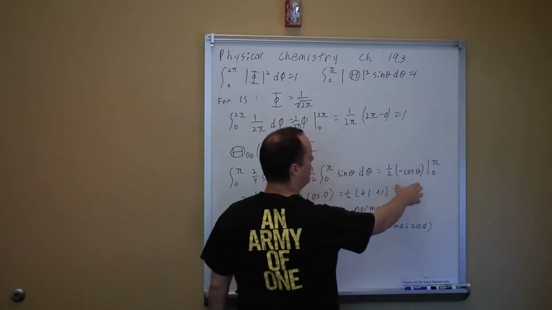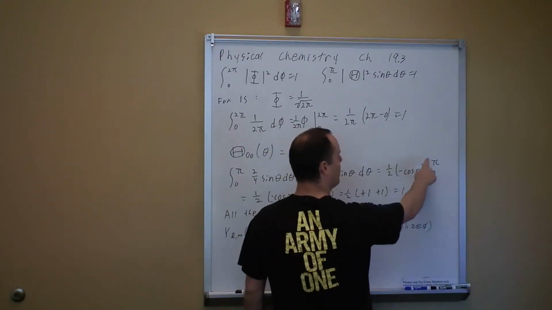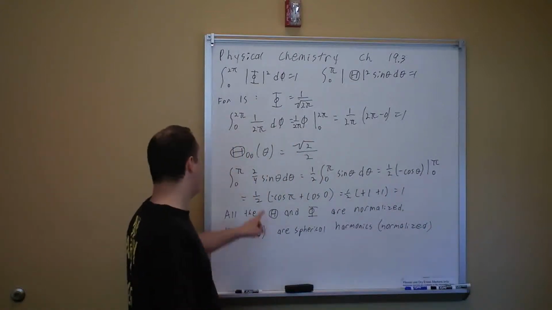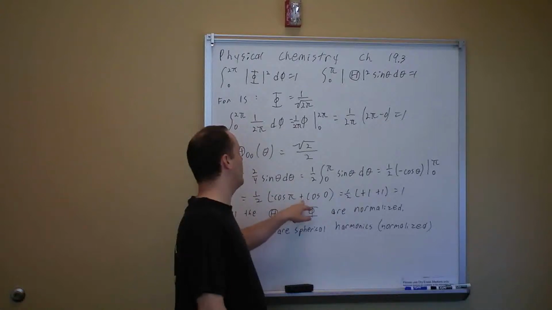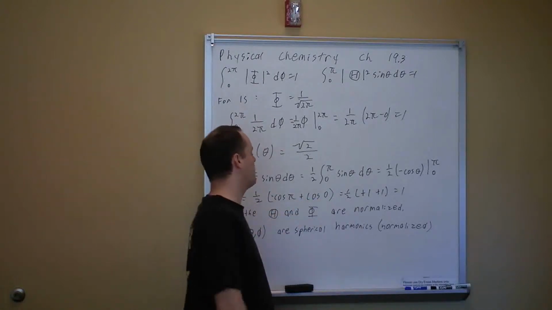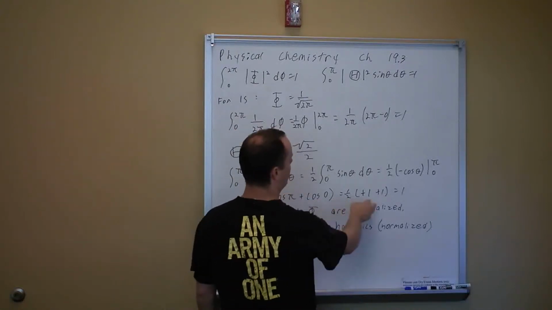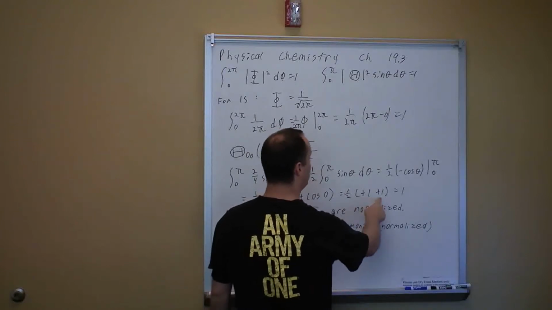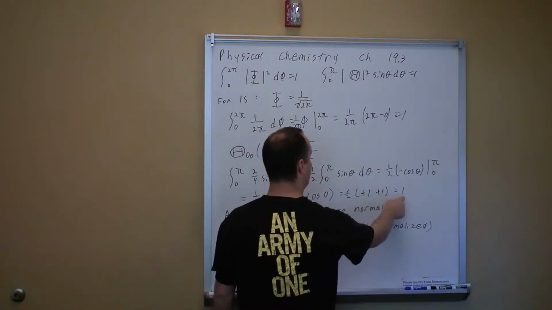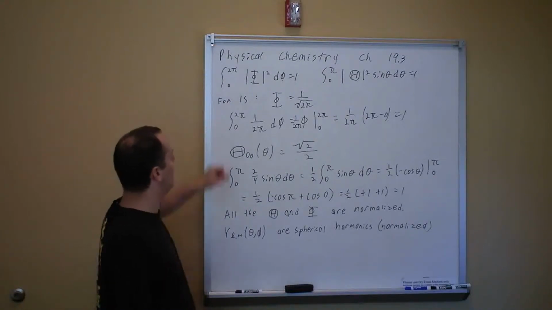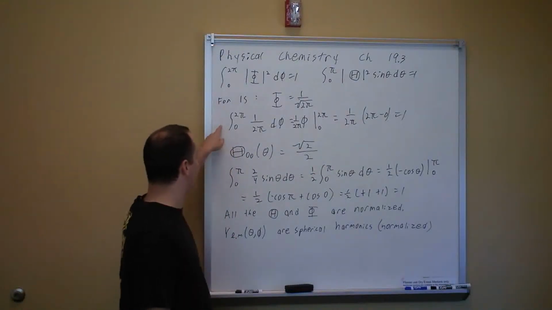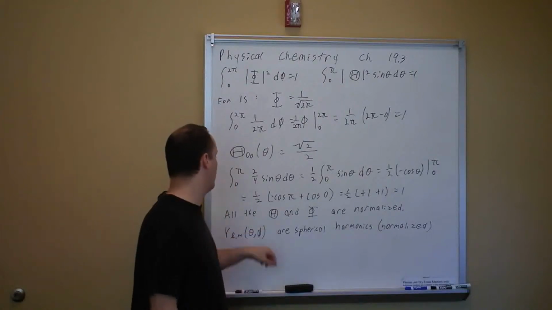That's 1/2 times minus cosine theta evaluated from 0 to pi. So that becomes 1/2 times minus cosine pi minus a negative, or just positive, cosine 0. That gives you 1/2 times positive 1 plus 1. So we get 1/2 times 2, which simplifies to 1. What that means, at least for a 1s orbital, is that both phi and theta are normalized.